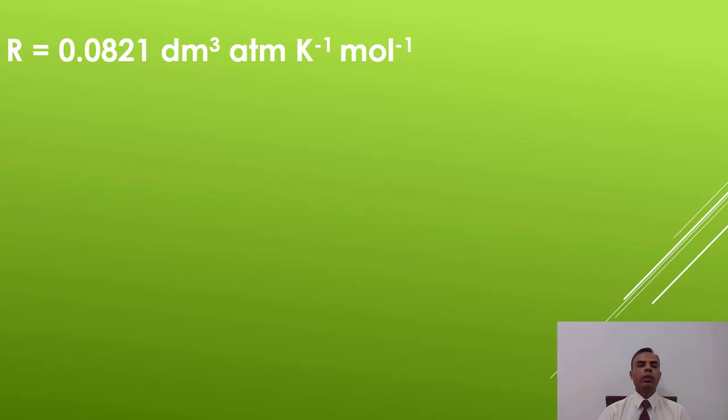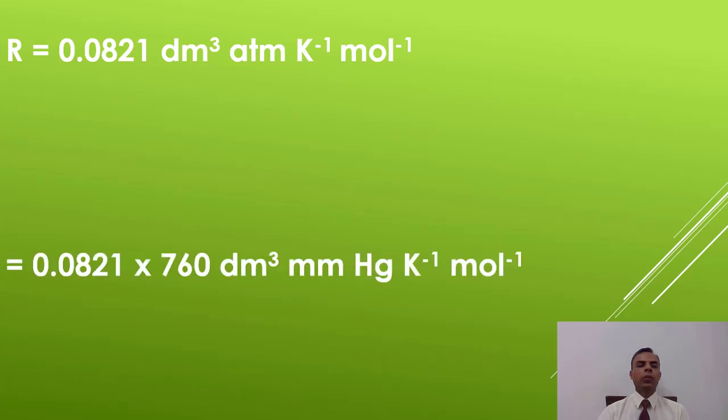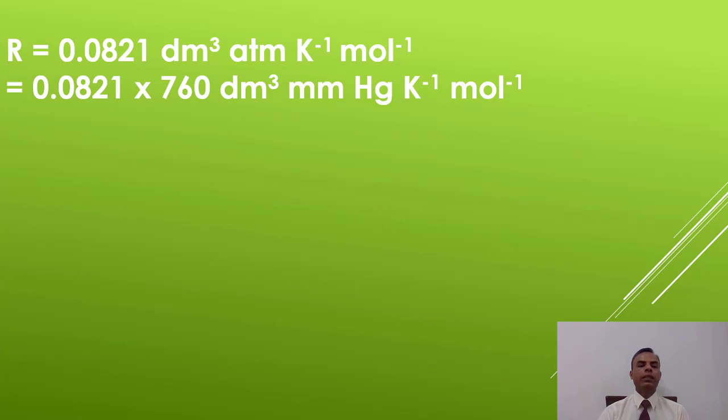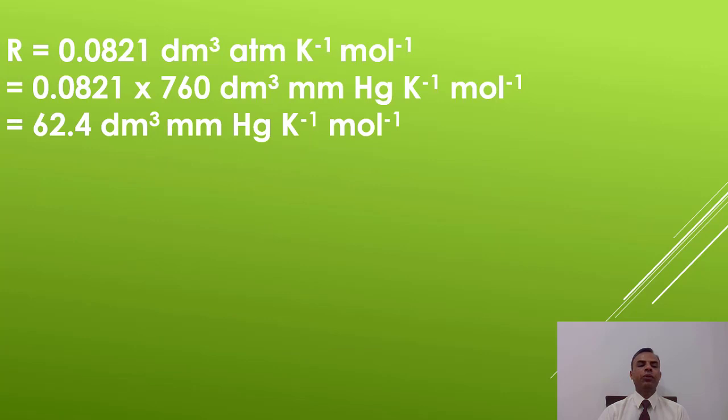R is equal to 0.0821 decimeter cube atmosphere per Kelvin per mole, that is 0.0821 into 760 decimeter cube millimeter mercury per Kelvin per mole, which becomes equal to 62.4 decimeter cube millimeter mercury per Kelvin per mole.